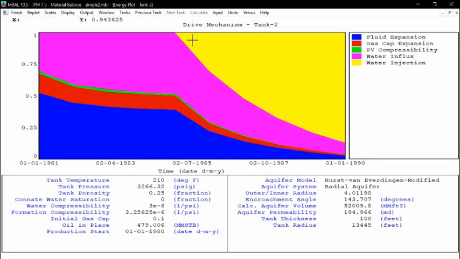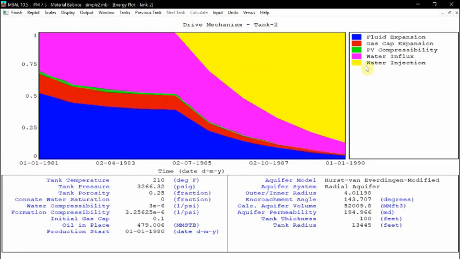So here the yellow is water injection, not gas injection, because the water parameter, which is around 45%, is much higher than, let's say, this, which is like 10%. So if you change your water, it affects your reservoir more than if you play around with your gas cap expansion.